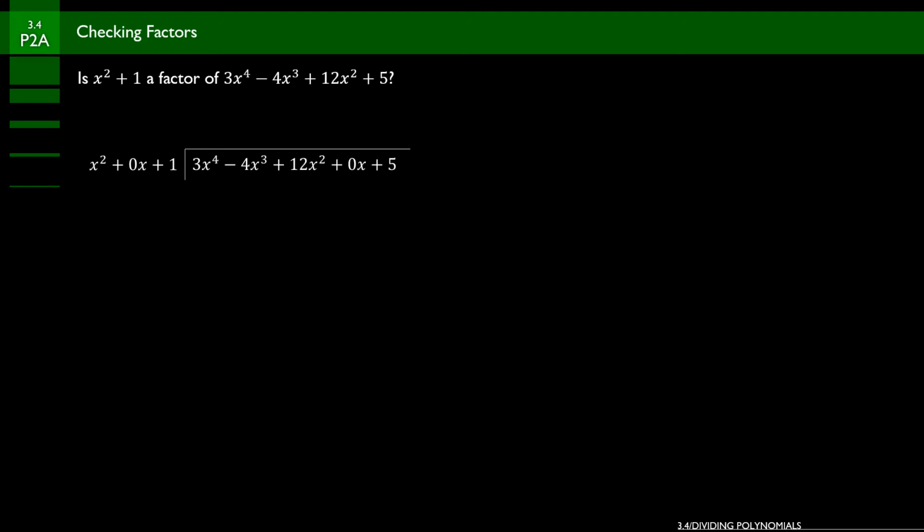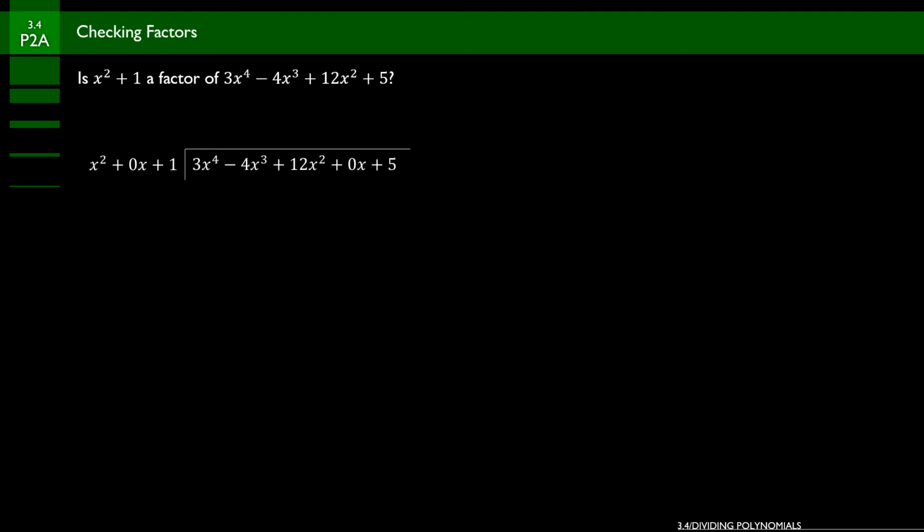So we're going to fill that in with a 0x. So the way we now have it set up is it's 3x to the fourth minus 4x cubed plus 12x squared plus 0x plus 5 divided by x squared plus 0x plus 1. Every single spot has to be accounted for when you do this.